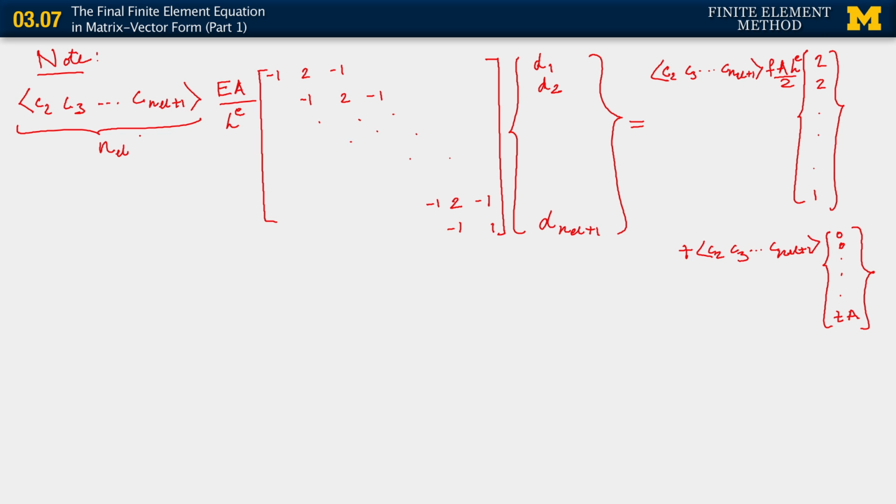It's of length NEL, simply because it's going from 2 to NEL plus 1. This column vector here is NEL plus 1, which leads us to conclude that this matrix is of dimension NEL cross NEL plus 1.